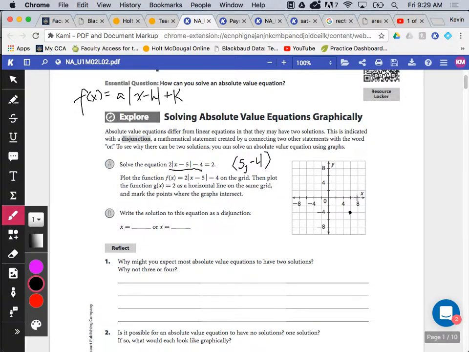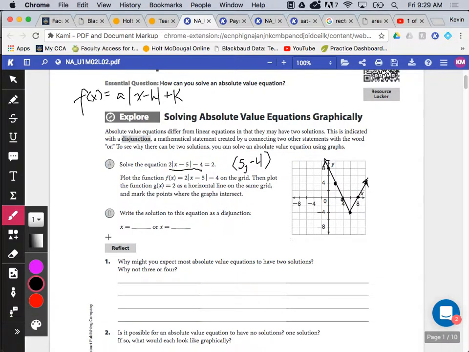So I go over 1, up 2, over 1, up 2, over and up. If it's 2, then you go up 2. Exactly. Good job.